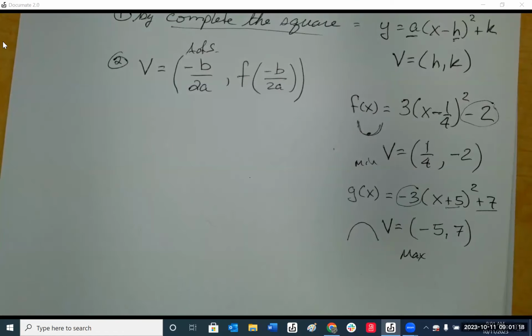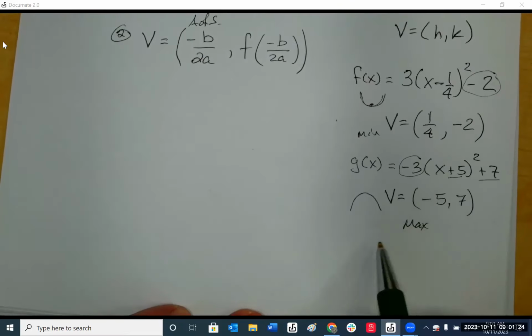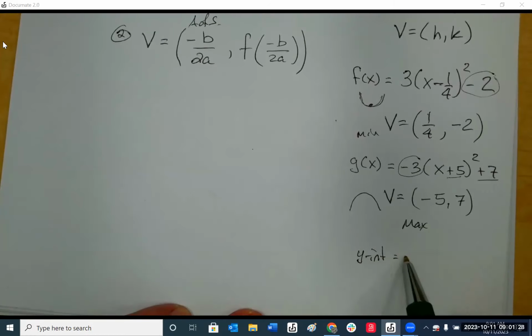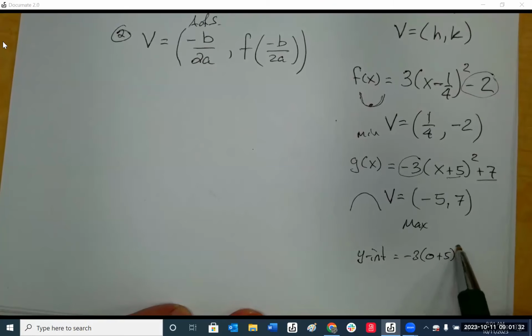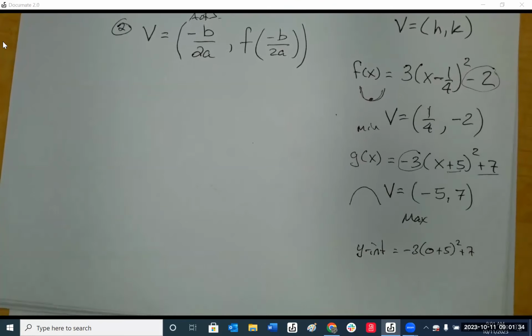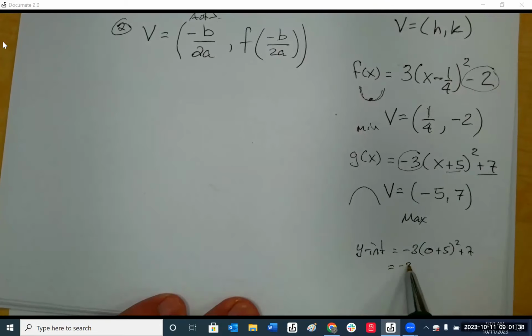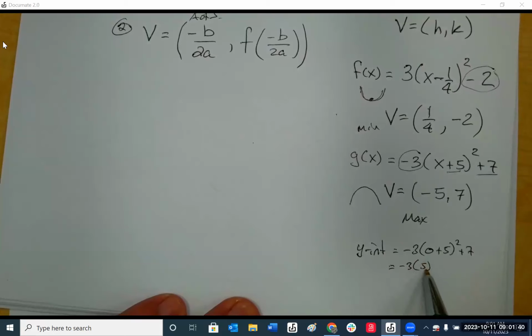In chapter 1, we find the y-intercept by setting x equal to 0. So if we set x equal to 0, we get negative 3 times 0 plus 5 squared plus 7. We have to work this out. 0 plus 5 is 5 squared. 5 squared is 25.